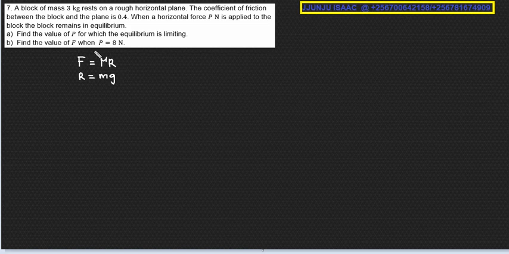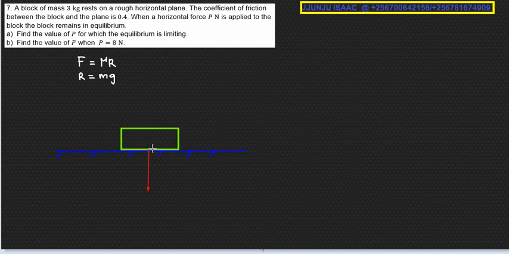So let us try to illustrate. If this is the rough surface, and we have our block. Now the mass of this block is 3 kg, meaning there is a weight acting downward.